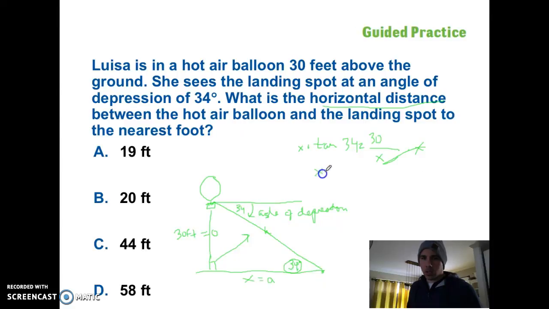And then you're going to get tan 34 times x equals 30. And then again, one last step, you want to divide both sides by tan 34 to get x by itself. And then final answer, what you're going to get at the end of this, it's going to be 44 feet.